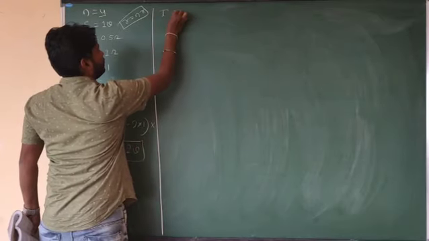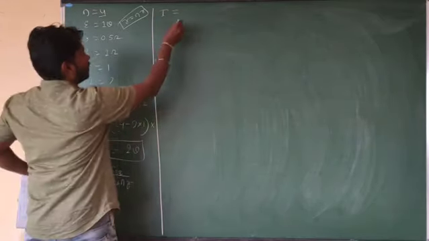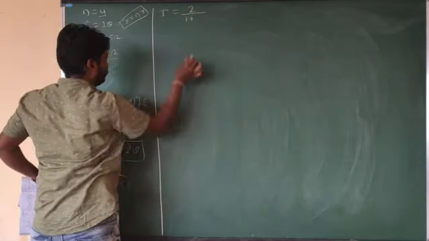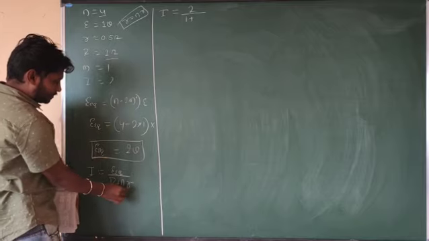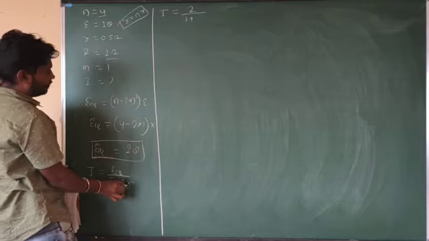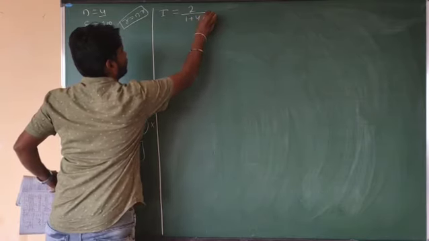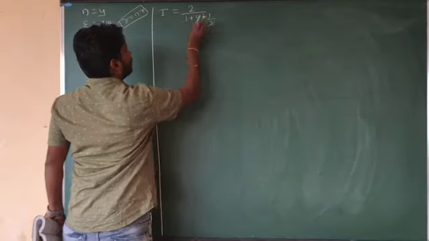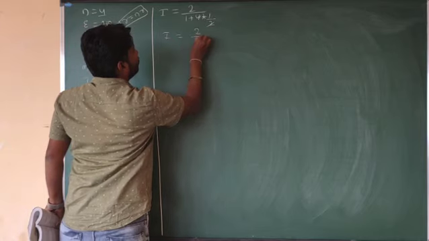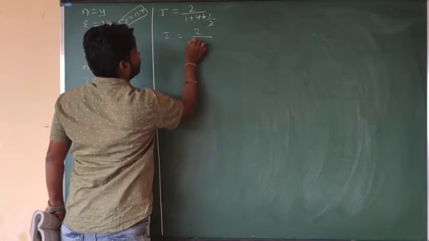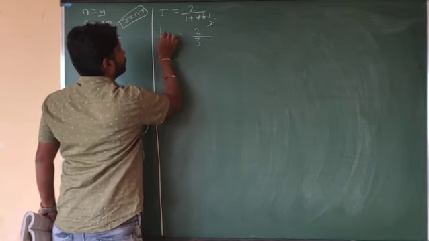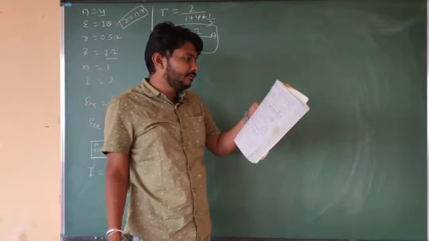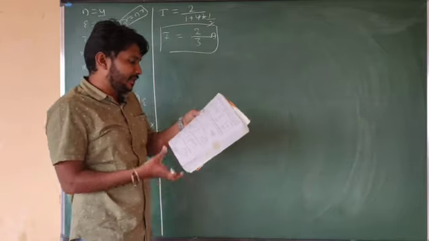I is equal to equivalent EMF 2 volt divided by external resistance value 1 ohm and internal resistance value 0.5. How many cells? 4 cells here. Number of cells is 4, each cell having 0.5 or 1 by 2 you can take. 2 divided by 3, 2 by 3 amp. So what's the current in the circuit here? Current in the circuit is 2 by 3 ampere.